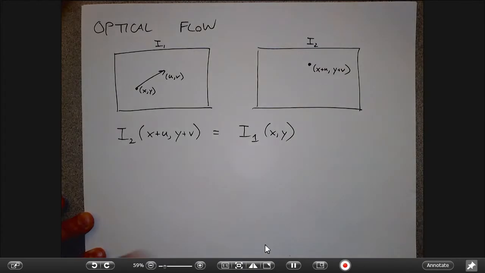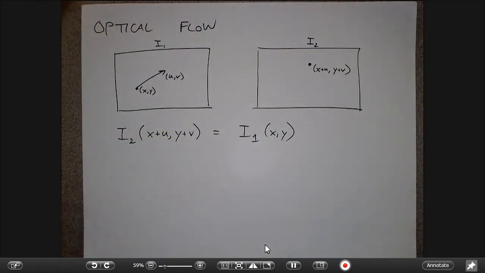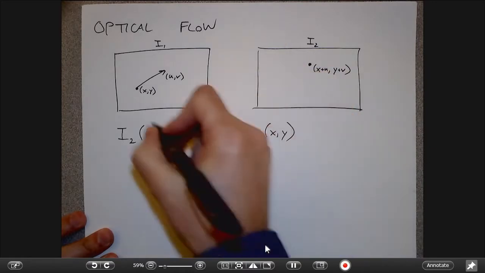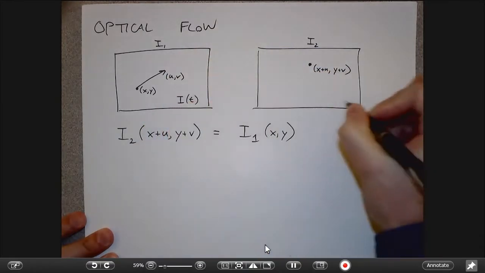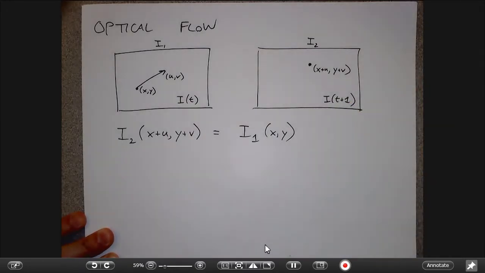Now, oftentimes in optical flow, instead of these just being two arbitrary images taken at different times, it's instructive to think about these images as literally samples in time, for example, from a video sequence. So another way of thinking about this problem is we could call this image I at time t, and this image I at time t plus 1. There's this interval of sampling.